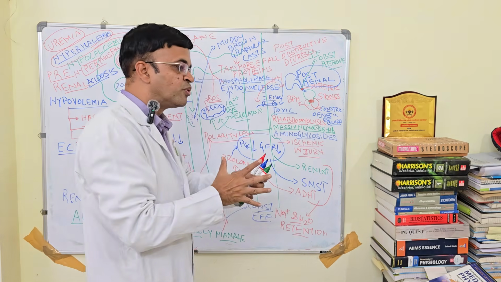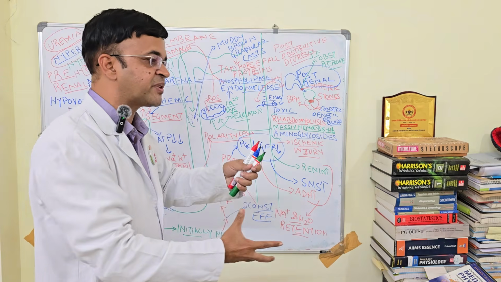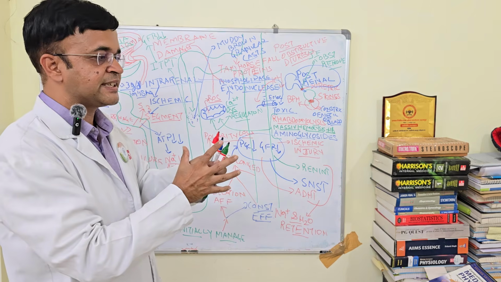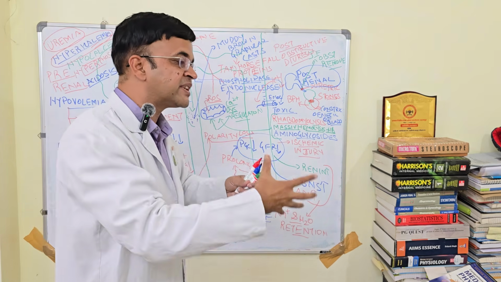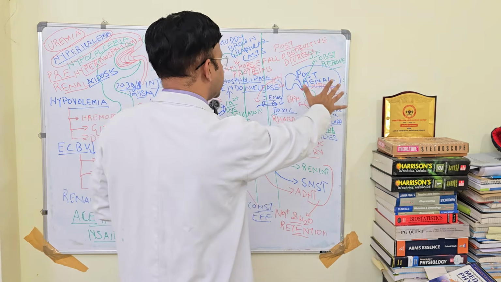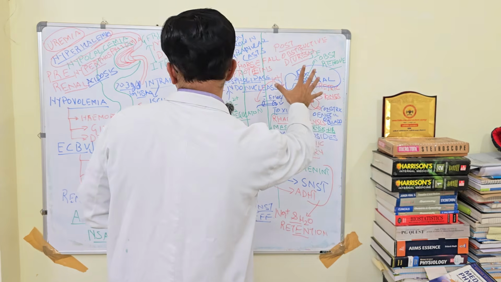But just in case you remove the obstruction, you will have post-obstructive diuresis. Why? Because the solutes have deposited, and also because the filtering ability of the kidneys is lost for some time. So this gives about post-renal acute kidney injury.